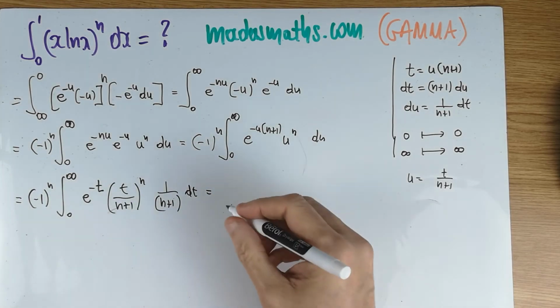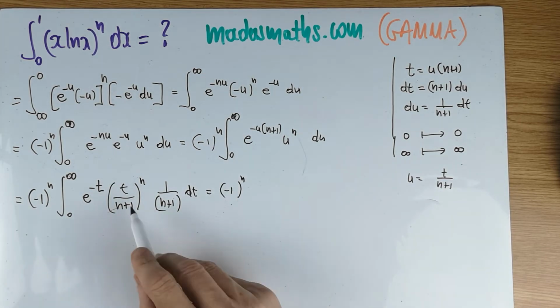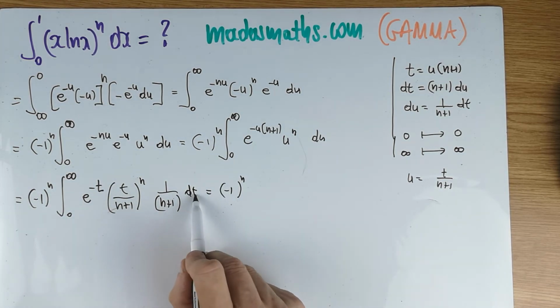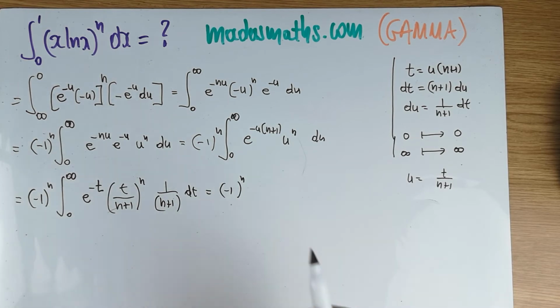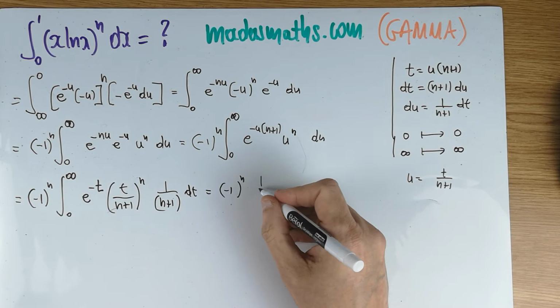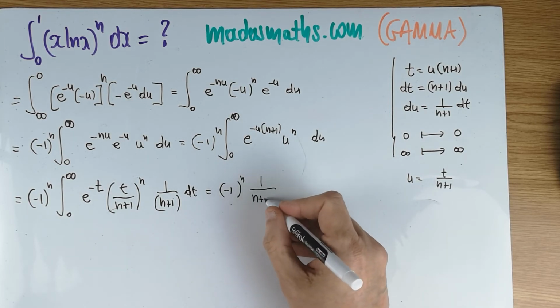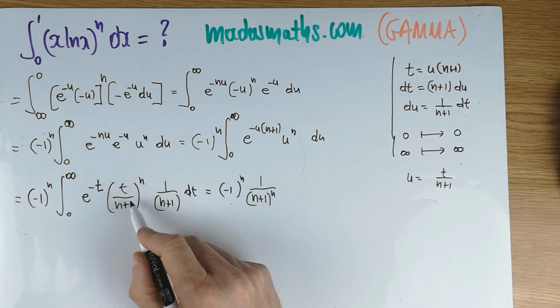So we don't run out of space: minus 1 to the power of n, and this is the integral with respect to t. So the n plus 1's here and here can be factored out. So I'm going to have 1 over n plus 1 to the n. That's from this one.